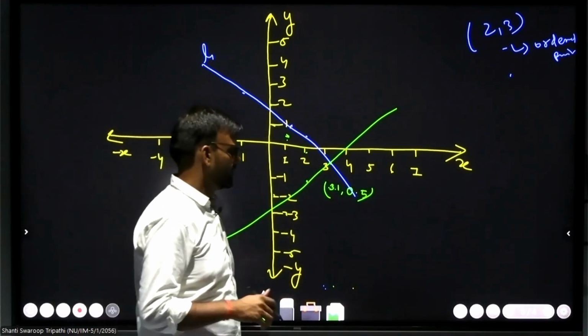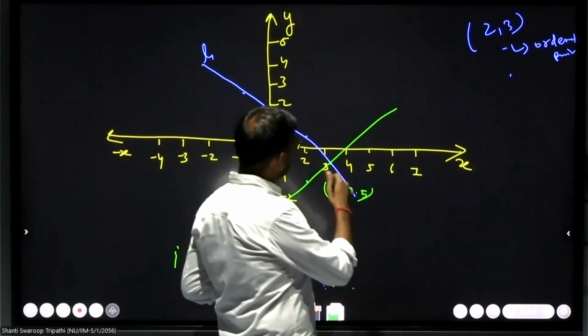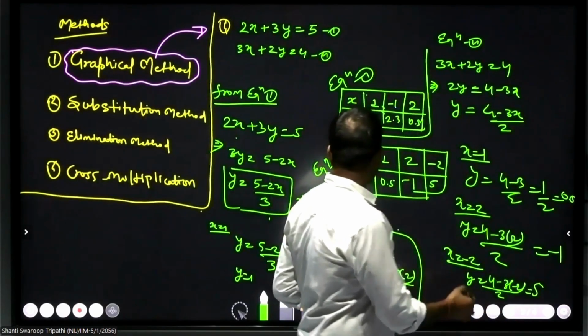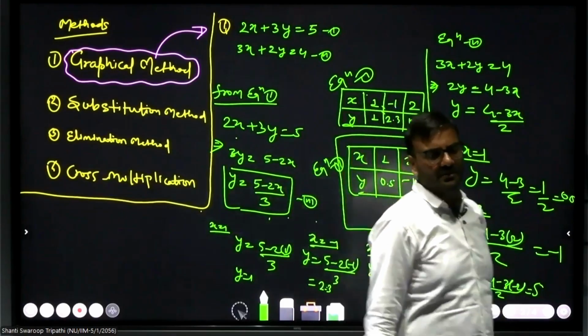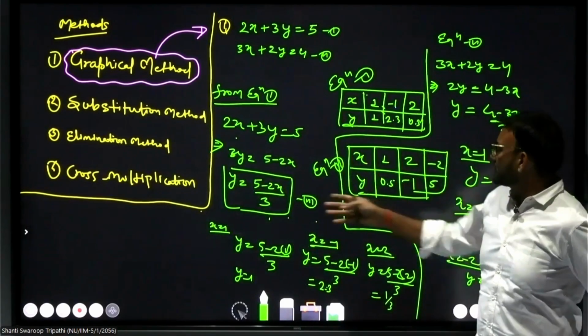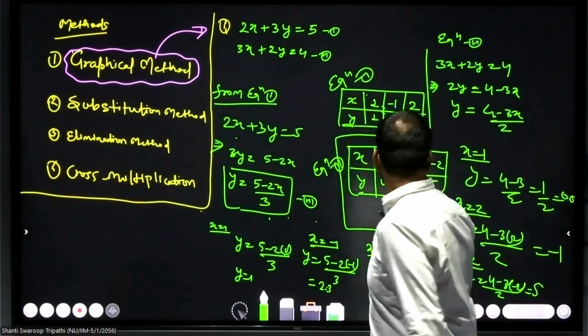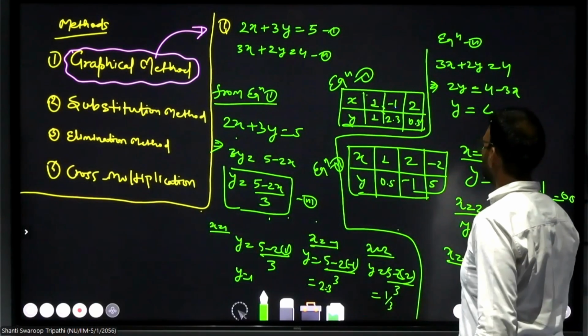Just don't think about this point. Perhaps there was a calculation error; I will check it and correct it. Otherwise, you are required to solve it directly. X equal to 1, y equal to 4 minus 3, it is right, 0.5.